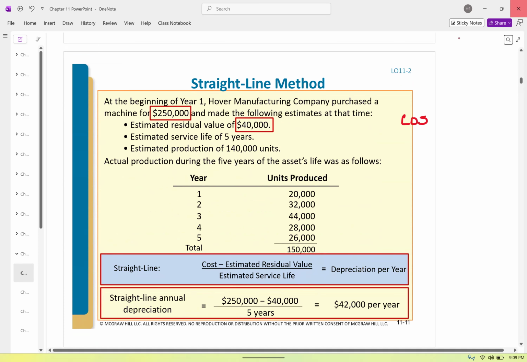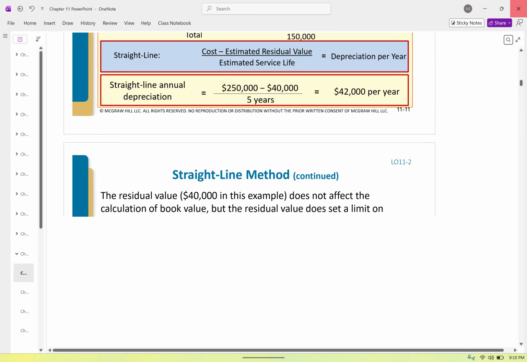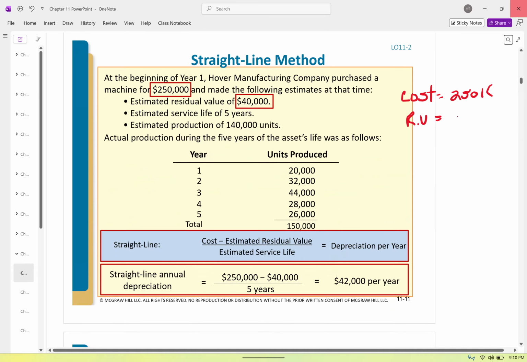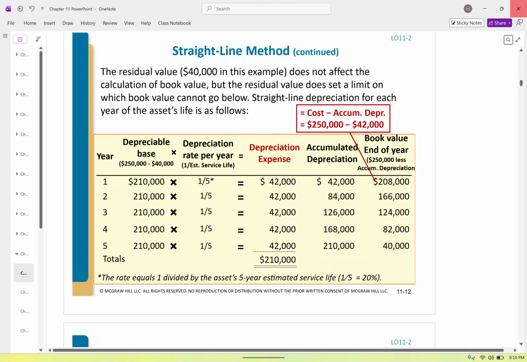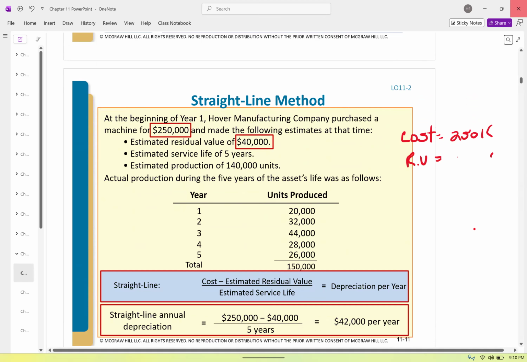That is my cost, 250K. The estimated residual value or salvage value, they mean the exact same thing, so don't get hung up on vocabulary.